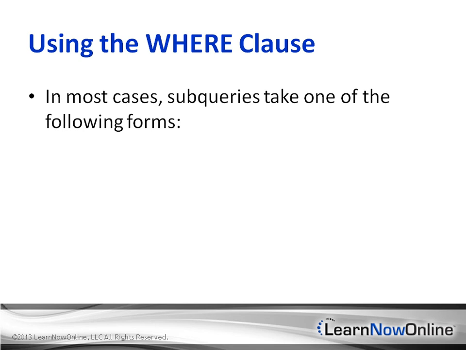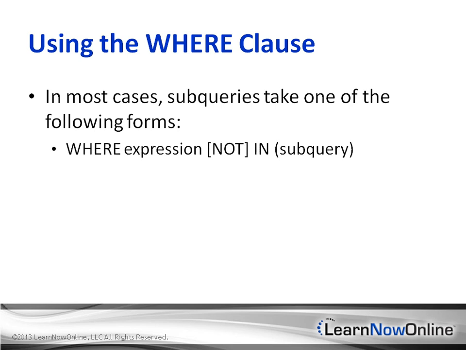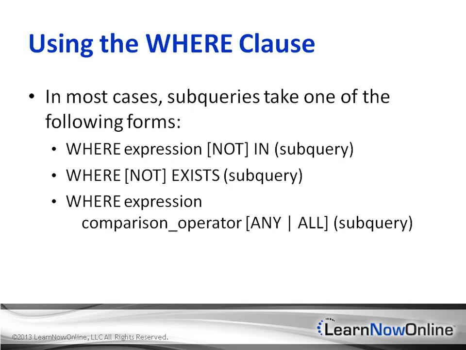In most cases, subqueries will take one of the following forms. Where some expression is in or not in the result set of a subquery, where a certain condition exists or does not exist within a subquery, or we might use some modifiers to discover whether any or all of the rows in a subquery satisfy the where expression.